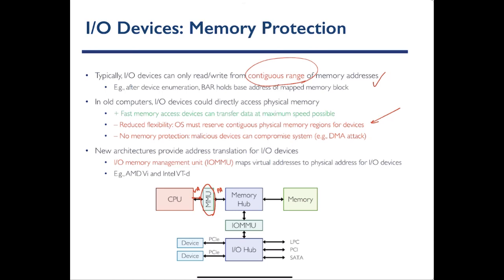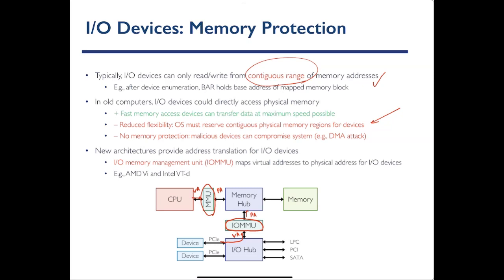Now we can do the same thing for our I/O devices. The unit that was added is the IOMMU. It's doing the exact same thing. This allows devices to generate virtual addresses, and the IOMMU translates them to physical addresses to then go to memory.